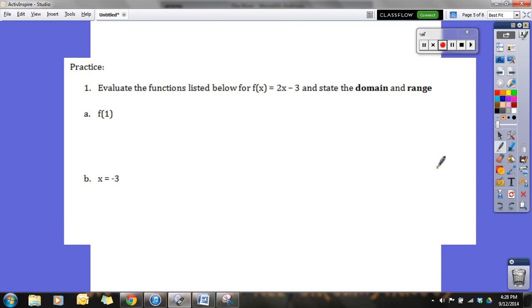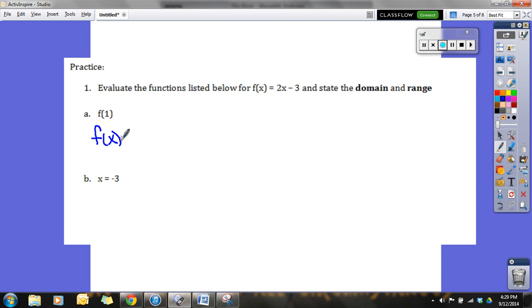So this problem here, evaluate the functions listed below, and they give us this function, f of x is equal to 2x minus 3, and then state the domain and range. The first thing they tell us is to find f of 1. In function notation we write f of x. So what do you notice between these two?